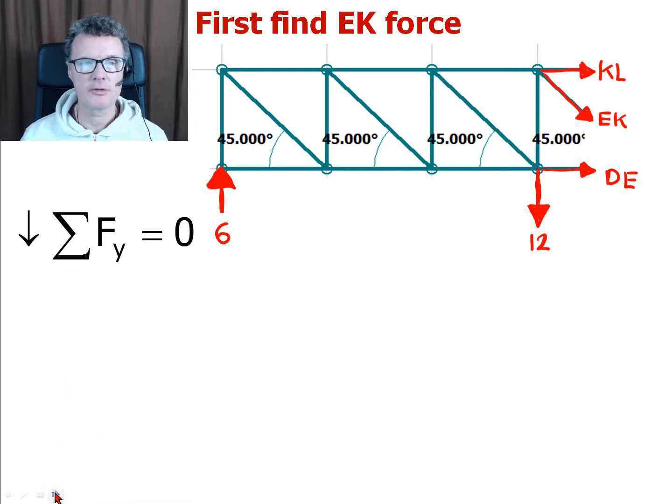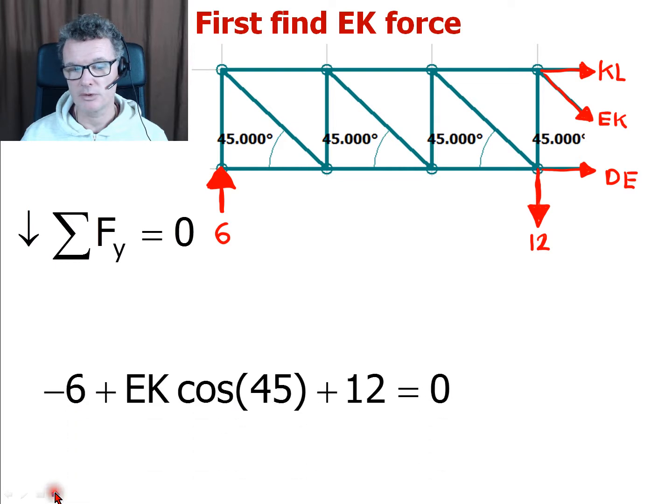So I'm going to resolve the forces so that EK is pointing downwards. That makes it a bit easier. So the left hand side will be a positive. I can see that EK needs to swing through 45 degrees to point downwards. What else can I see pointing downwards? Well, the 12 is, and the 6 is pointing upwards.